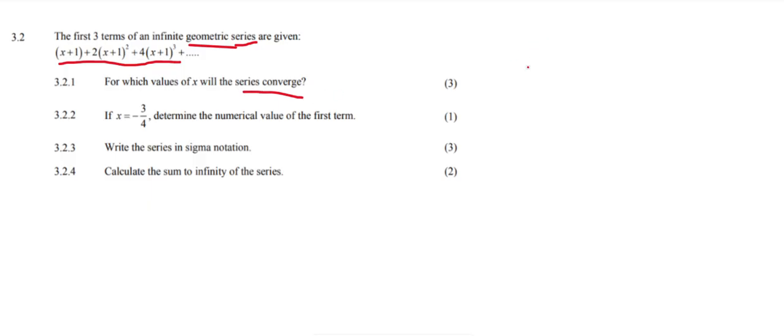Now this type of question, once they just ask you this, all you have to know is that your r must be in between 1 and -1. That you must know. Now they give us something like this. So this is term 1, that is term 2, and then this is term 3.